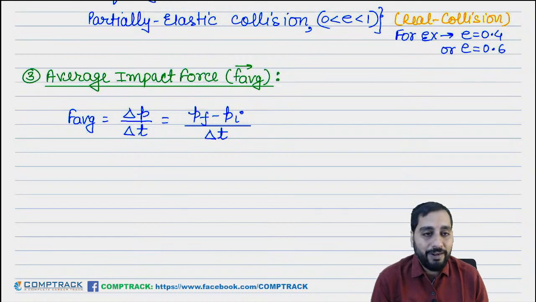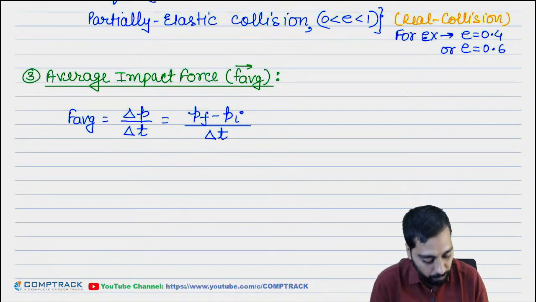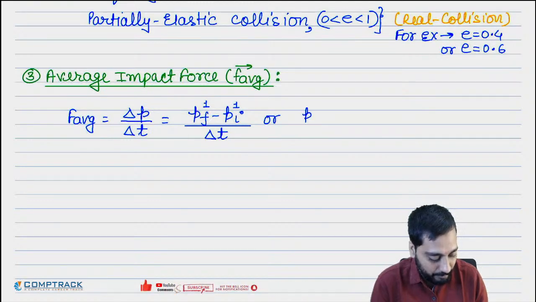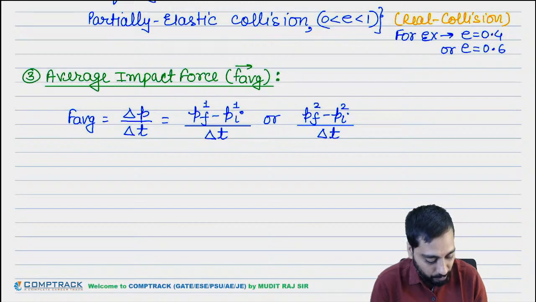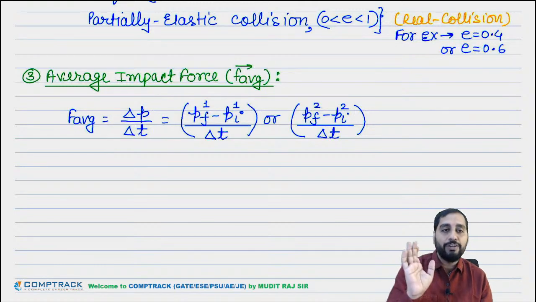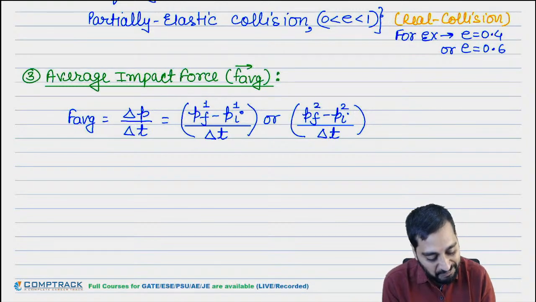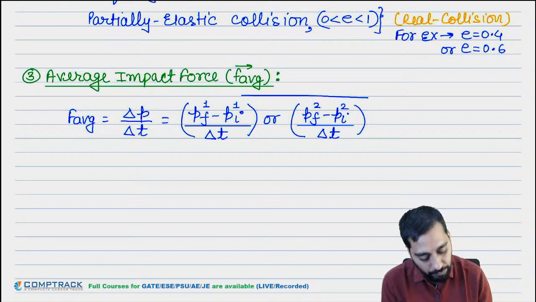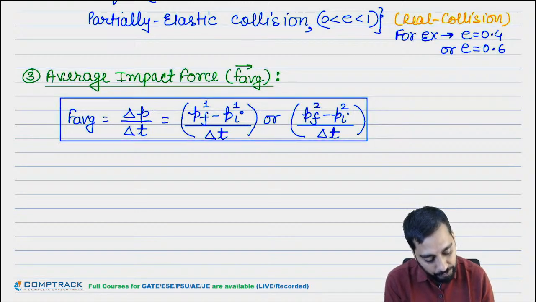Either you can find it by first body or second body. Either you apply for the first body, final of first and initial of the first, or you can find it by final of second body and initial linear momentum of second body. Don't take initial of one body and final of another body. So either from first body or second body you can calculate the value of force. Both forces will be equal and opposite.